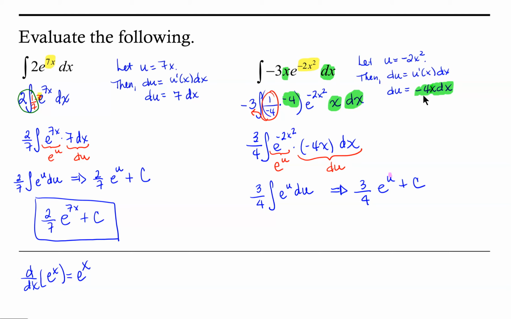Remember that we do have to replace the u with what it was defined as to finish out the process. So the antiderivative here would be 3/4 e to the negative 2x squared plus c. And that's the antiderivative of our original function. I hope you find this helpful.